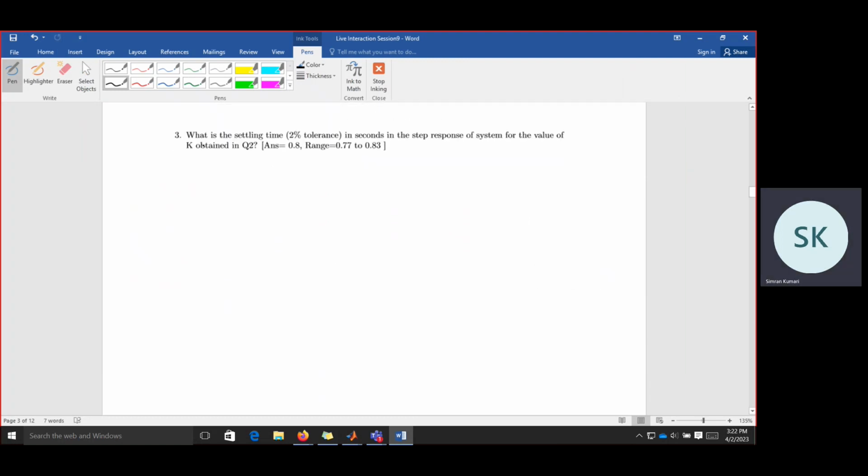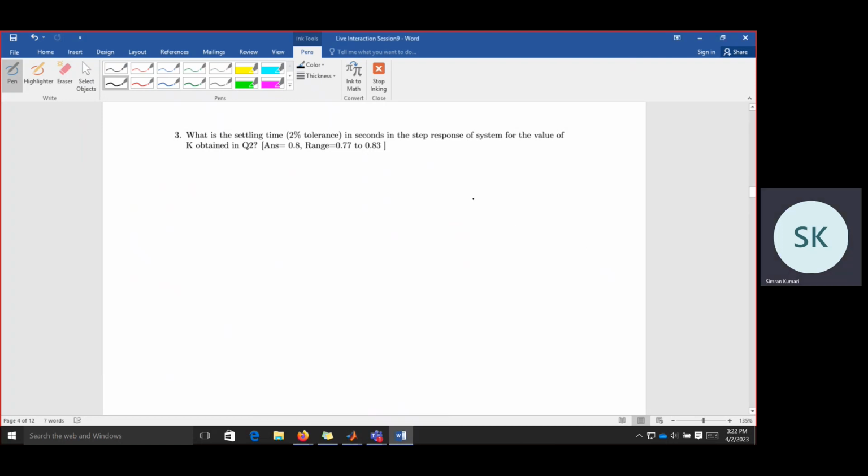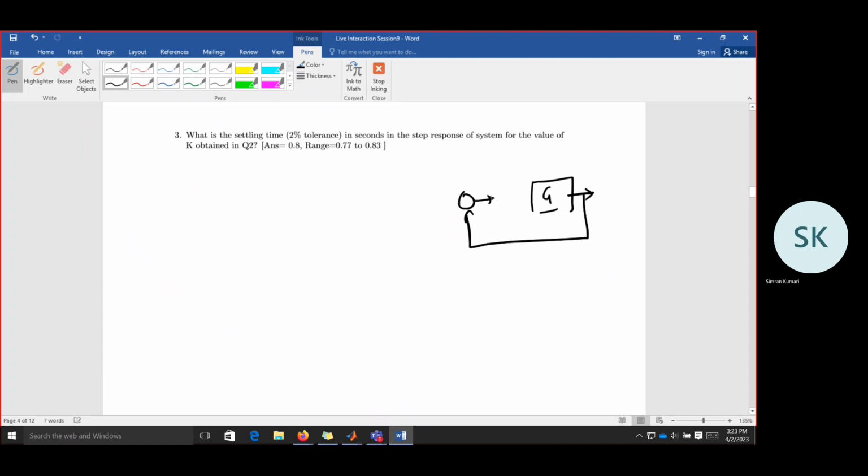It is asking, what is the settling time in seconds in the step response of the system for the value of K obtained in question 2. So the system, when there was no gain, was simply G with feedback, simple feedback. And this was the overall closed loop system.